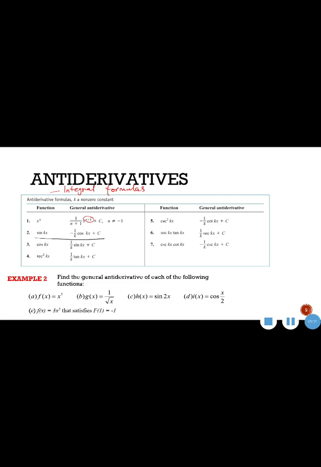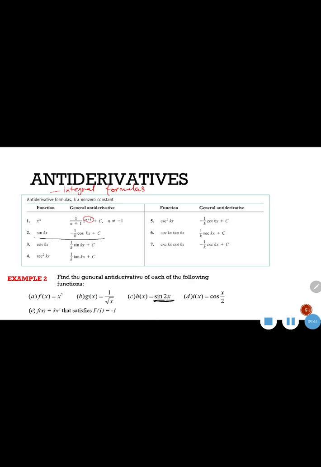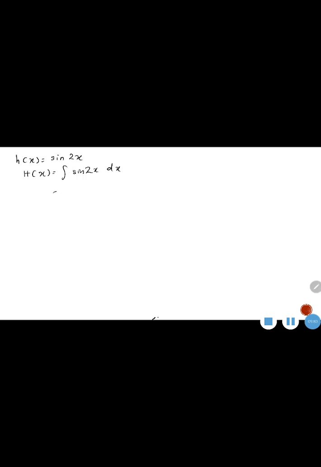Oh no, it's not sine x, it's sine 2x, my mistake. So for sine 2x, it is minus 1 over 2 cos 2x plus c.